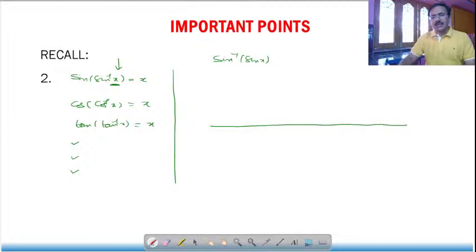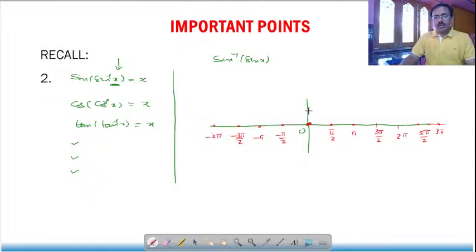You take the x-axis and y-axis, plot 0, pi by 2, pi, 3 pi by 2, 2 pi, 5 pi by 2, 3 pi. In the same way on the negative side: minus pi by 2, minus pi, minus 3 pi by 2, minus 2 pi. Here on the y-axis also you plot pi by 2 and minus pi by 2.